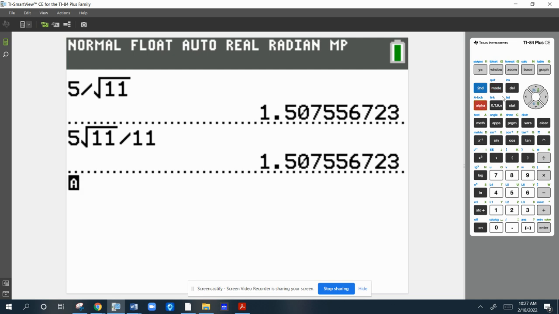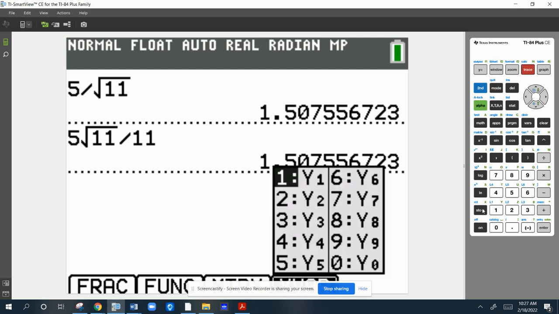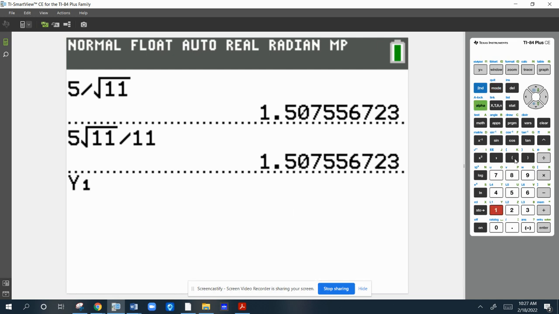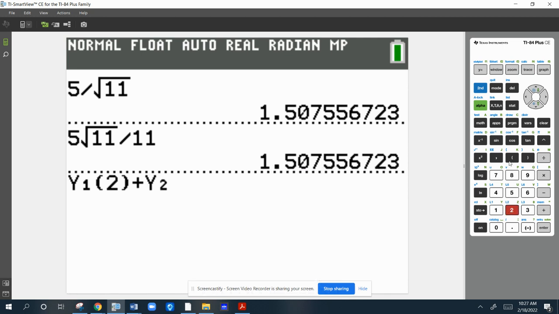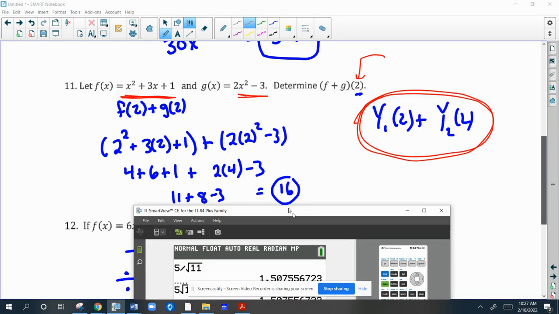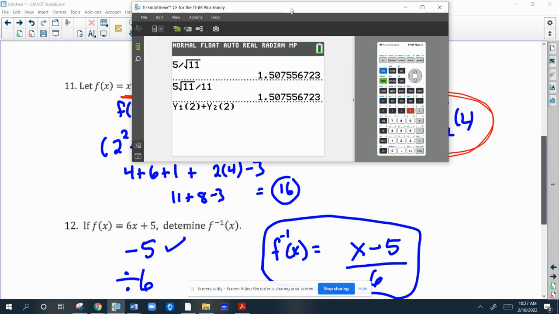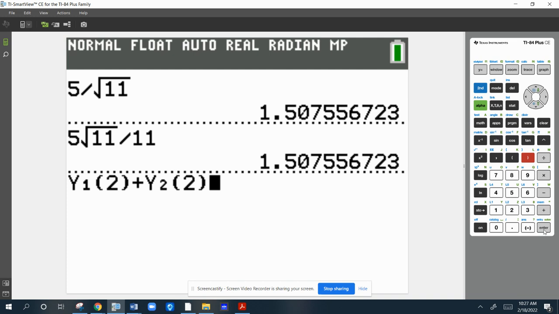So alpha trace y sub 1 parentheses 2 plus alpha trace y sub 2 parentheses 2. This should get me the answer of 16 because that's what we got when we did it without a calculator. And it does give me 16, so that's a great check.